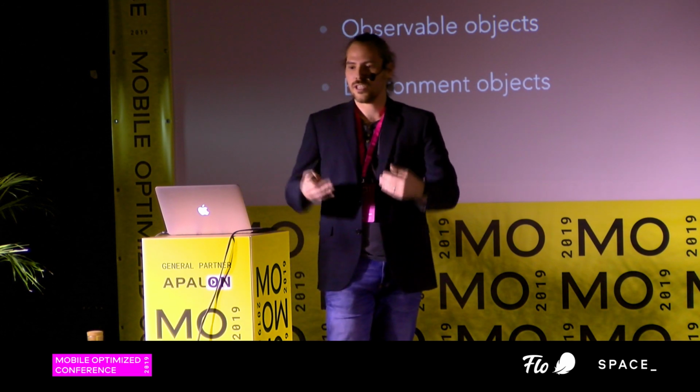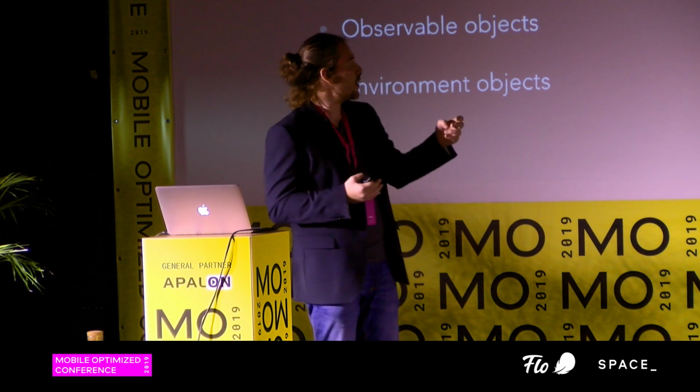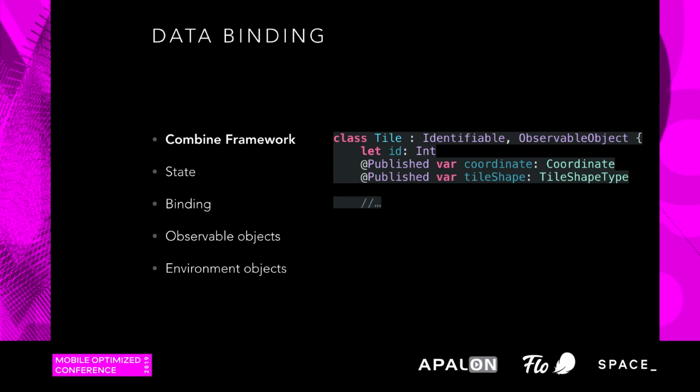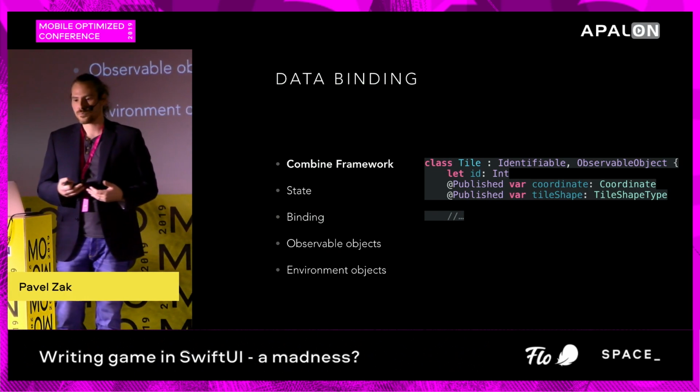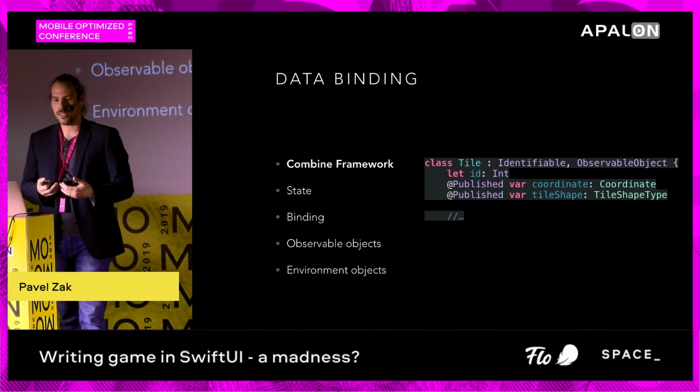So when you have a structure like this, any time I change a coordinate that is published from my observable object, it reflects in the UI, and when there are proper animation view modifiers set, animation happens. So that's pretty easy.